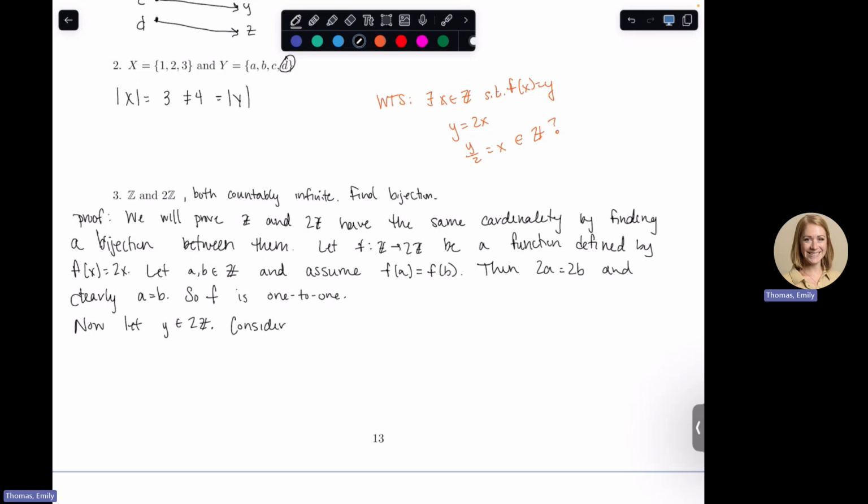Consider x equal to y over 2, which is in Z. Now, f of x is f of y over 2, which is 2 times y over 2, which is y.